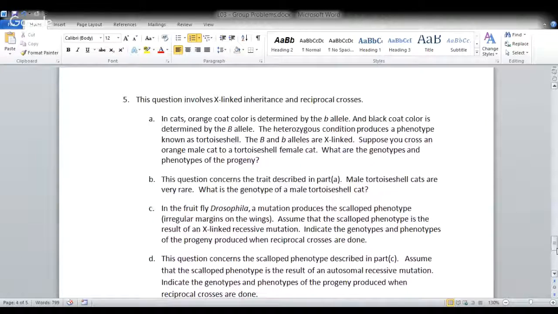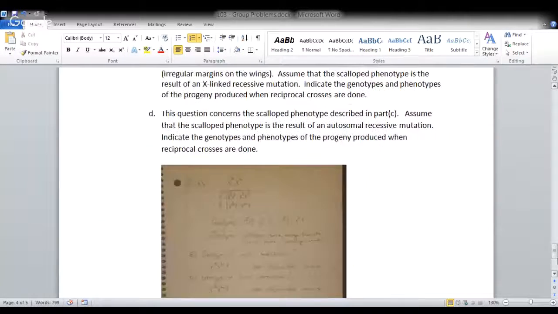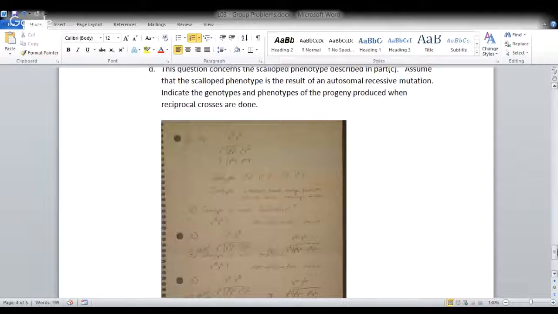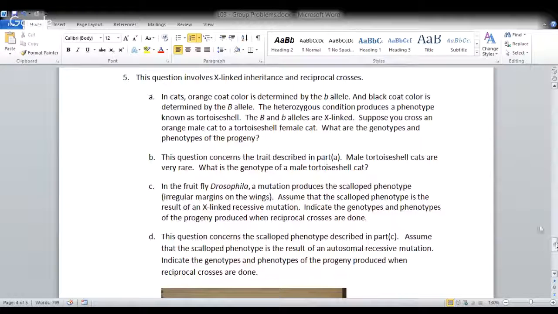And then for number 5, let me flip to my notes. A is talking about the cats again, which we watched the videos on. It says, suppose that we cross an orange male cat to a tortoiseshell female. What are the genotypes and phenotypes of the progeny?